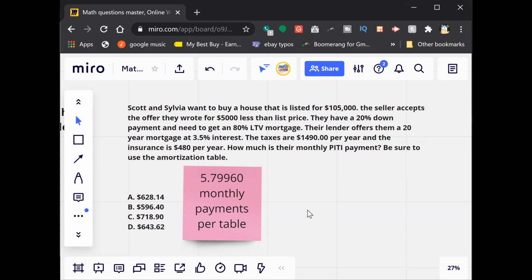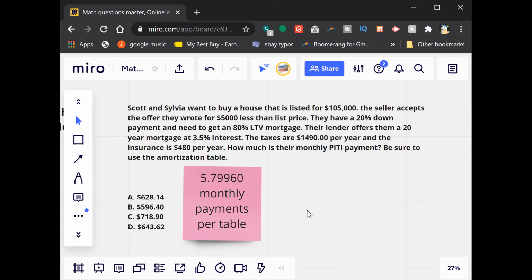So let's read this question. It says Scott and Sylvia want to buy a house that is listed for $105,000. The seller accepts the offer they wrote for $5,000 less than list price. They have a 20% down payment and need to get a loan for 80% loan to value.